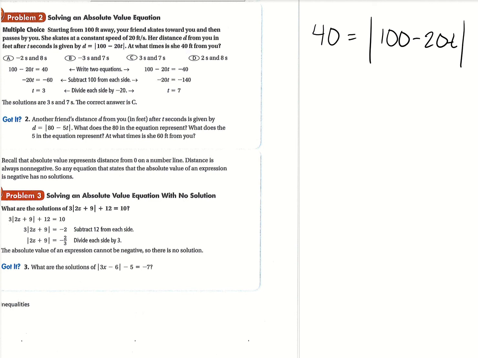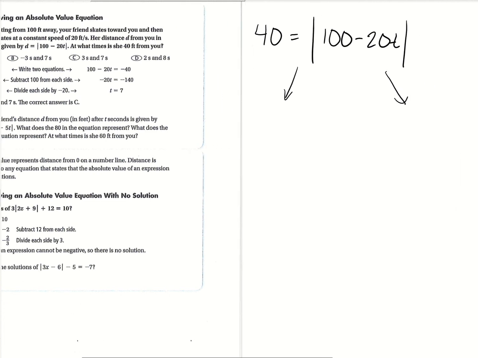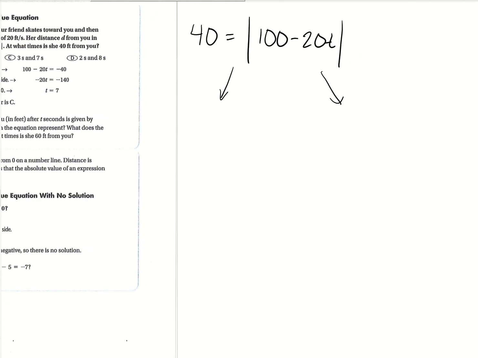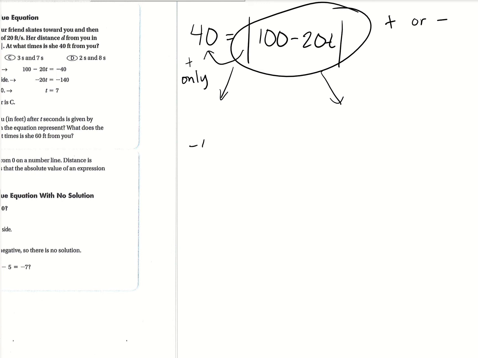Just like in the previous problem, we're going to have two different equations here. Since the absolute value of a number can only be positive, that means the expression inside could be positive or negative. So we want to write an equation that, if we didn't have the absolute value, could come out to be positive or negative.